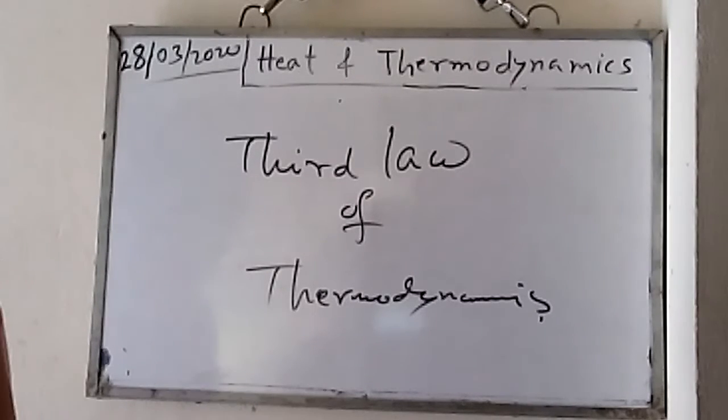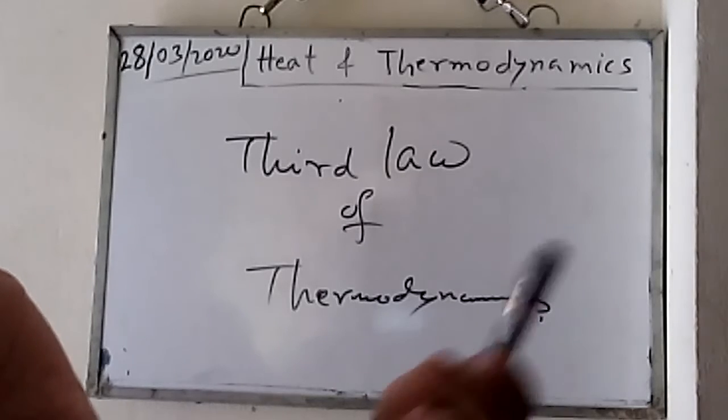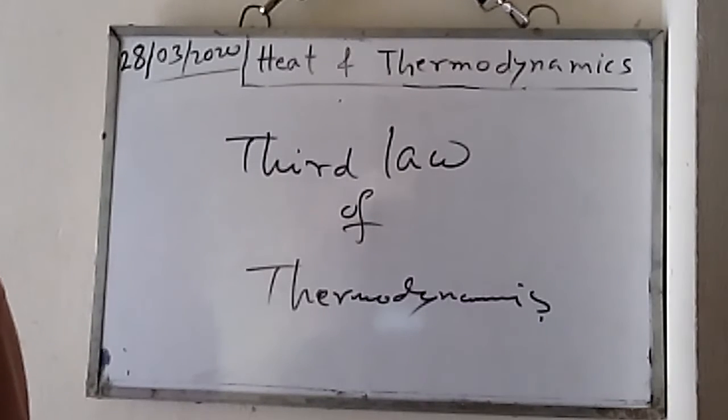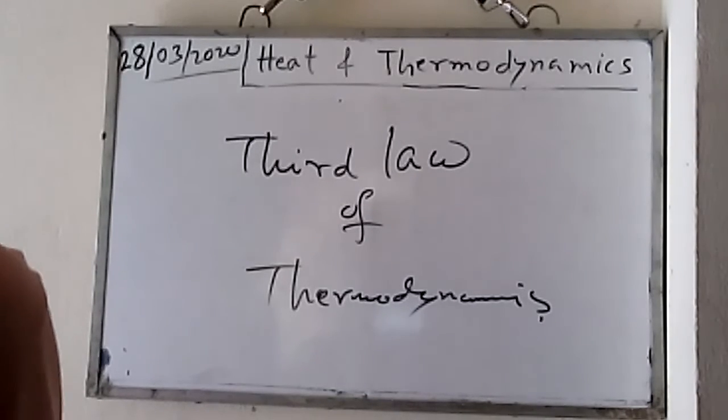At absolute zero temperature, there is no heat energy. If there is no heat energy, the entropy of a system will also be zero. If there is no heat energy, then the entropy, the disorderliness, will also be zero. And this zero is a constant.